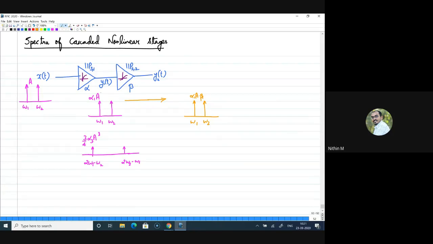One more thing is the input here, whatever input is coming here. How we wrote the output for this stage as the fundamental and third order terms, or the intermodulation term, similarly, whatever input is available at the input of the second stage will produce a fundamental term and a third order intermodulation term, right? So now I will directly write the intermodulation term available at the output of the second stage from the alpha 1a component at the input, right?